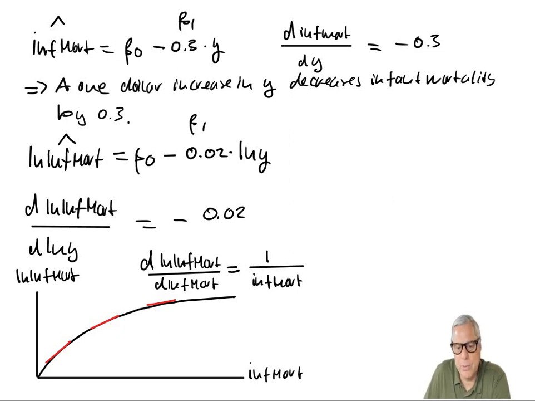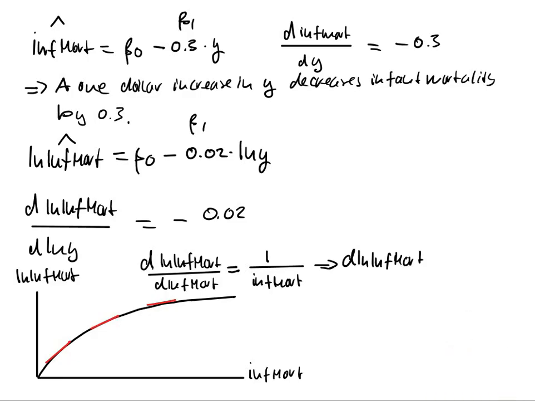Well, rearranging this term just suggests that d ln infant mortality can be written as d infant mortality over infant mortality, so this just goes up here.